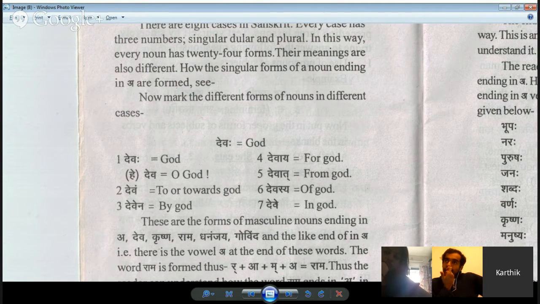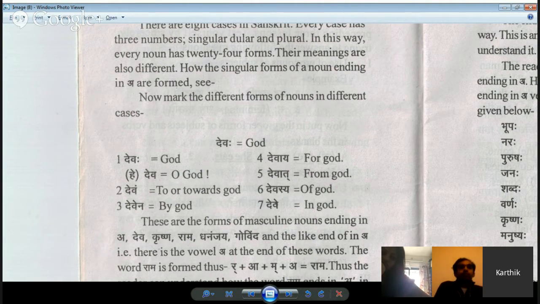Whenever you want to explain an action where there is a kind of separation happening from a source, then the source will go in the Panchami Vibhakti. For instance, if I want to say fruits are falling from the tree, Vrikshat Phalani Patanti. Now there is a separation.